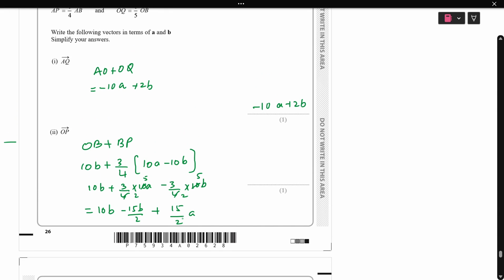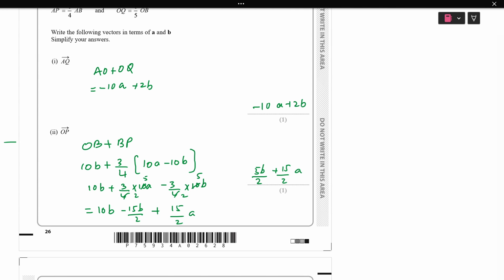When we calculate, 10b minus 15b, make the denominator same, LCM, which is 20b minus 15b, 20 minus 15 is 5b over 2, plus 15 by 2 a.